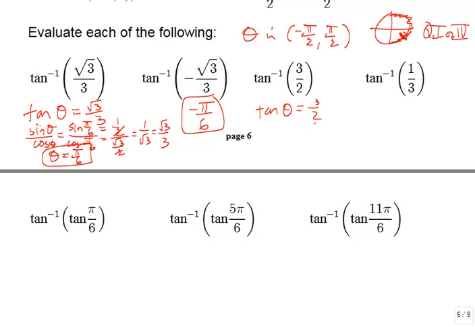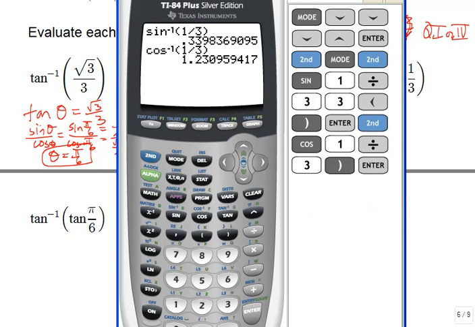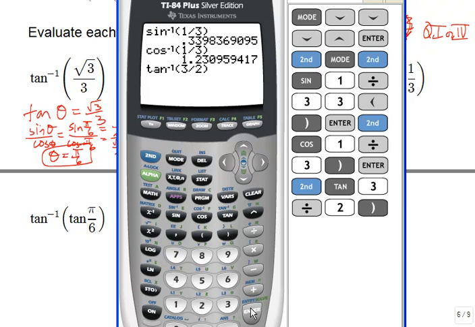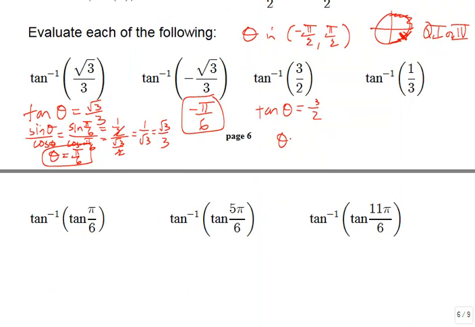So this will have a value, and the only way to figure it out is to use your calculator. So you would just do inverse tangent of 3/2. And this is in radians, so 0.98 radians. And similarly for this, inverse tangent of 1/3, this is like saying tangent of what angle would give me back 1/3.